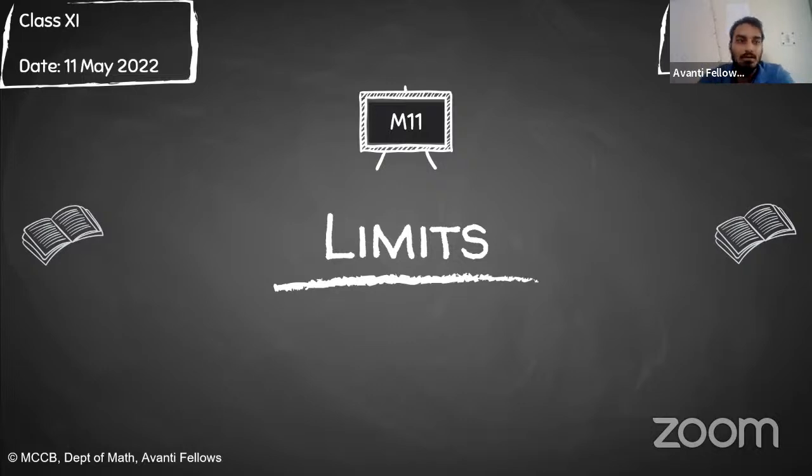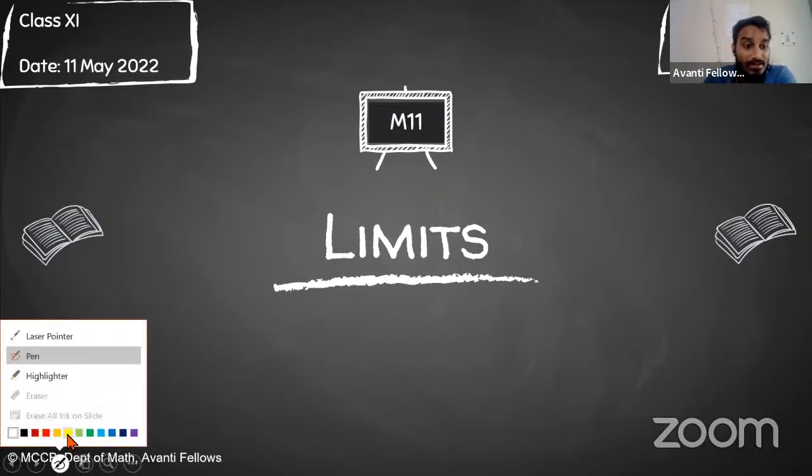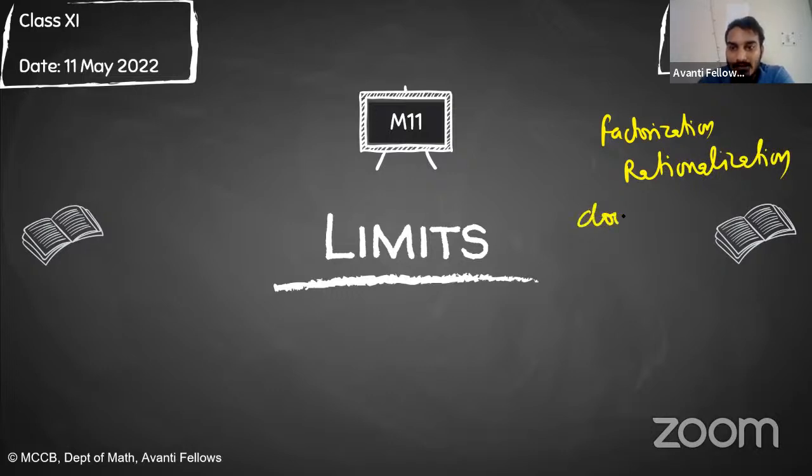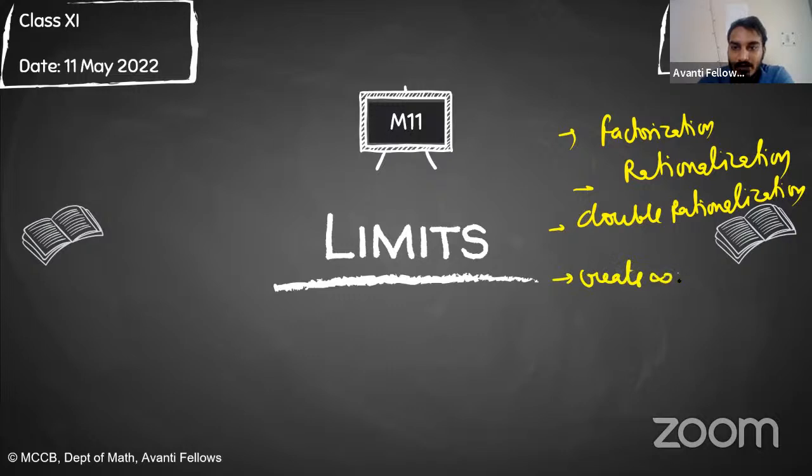We have seen so many ways to eliminate the indeterminate form: the factorization method, the rationalization method, then double rationalization, and then creating infinity in the denominator. So we have seen all these things in the last class. So let's continue with that. In today's class, we are going to continue with this only.